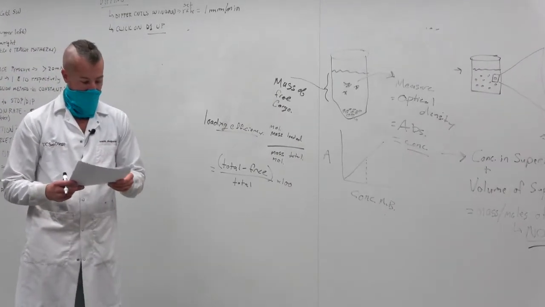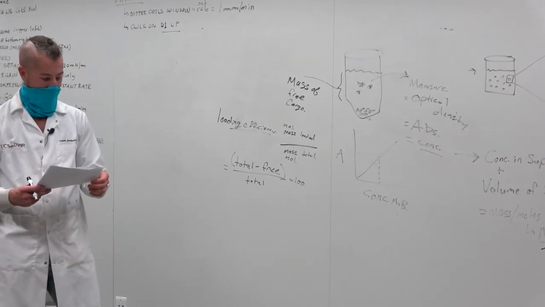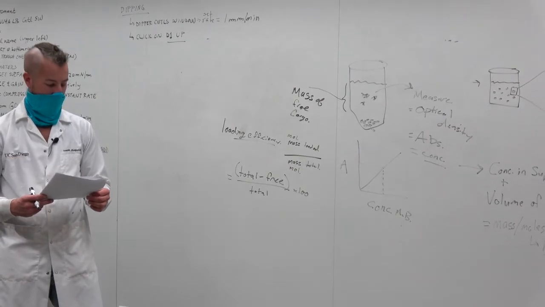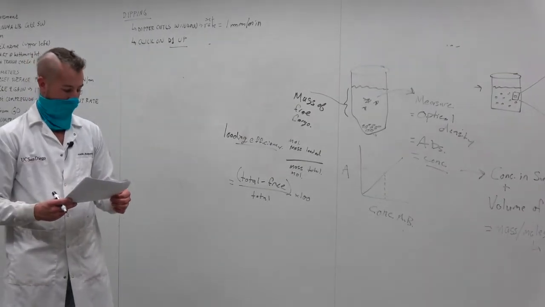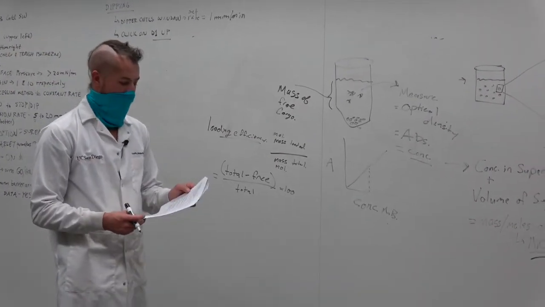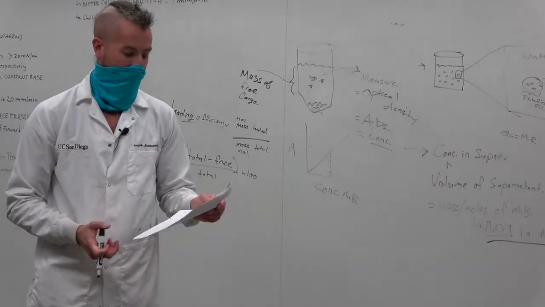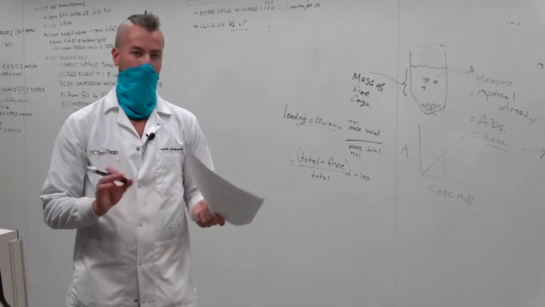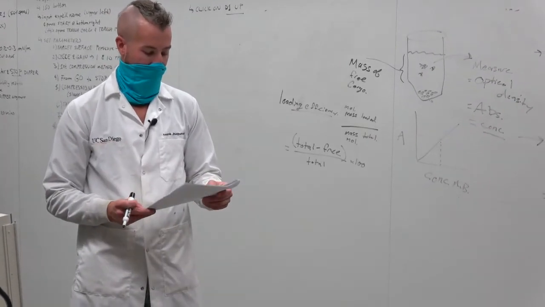So that is, we just talked about parts 5.2 and 5.3, okay? DLS I'm not going to talk about. You guys have spent a lot of time with DLS already. You dilute it, you put it in the instrument, you hit go. So we're going to have that data for you.